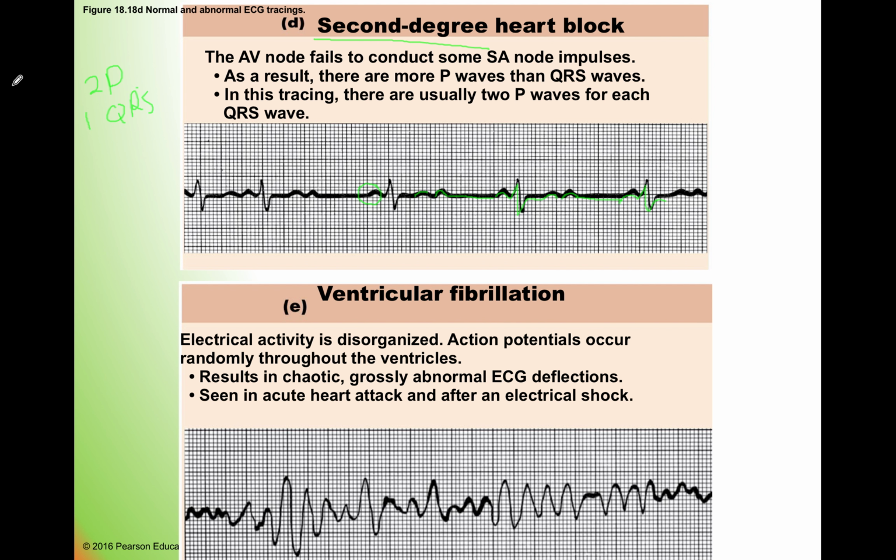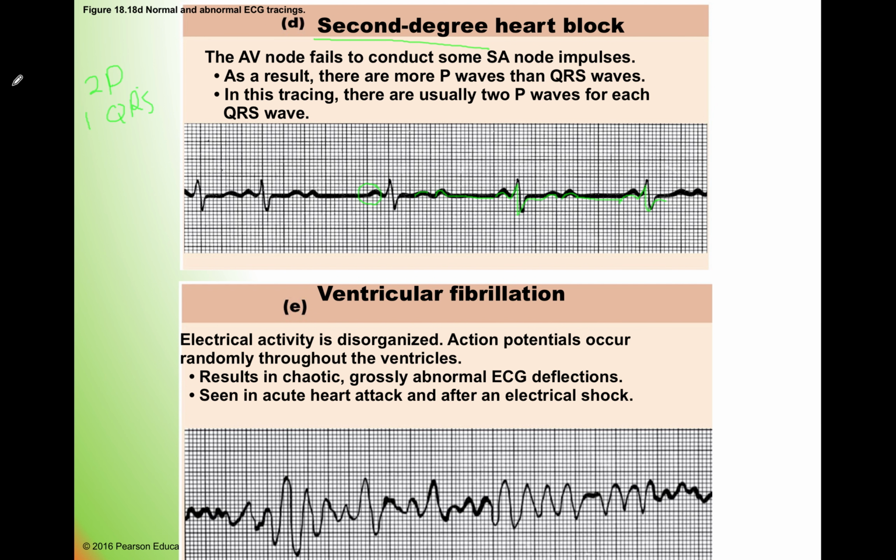This means that the AV node is failing to receive the electrical impulses coming from the SA node. The SA node is creating the P wave, but that P wave is not necessarily being transmitted to the AV node to create the QRS complex. So this is referred to as a second degree heart block, which we talked about as being a partial heart block. Some of the SA node impulses are passing through while the other ones are not.